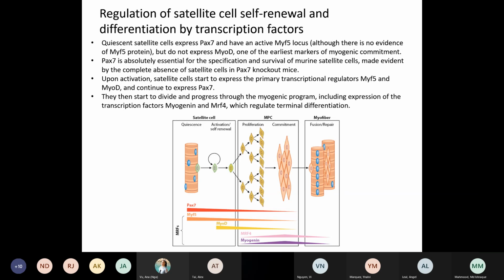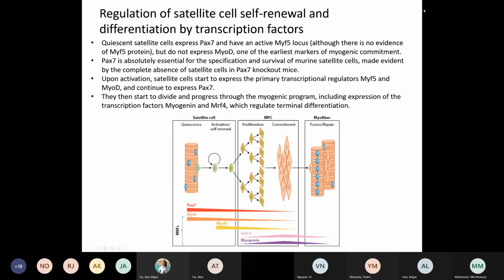There's no evidence that satellite cells express MEF5. The quiescent satellite cells will not express MEF5 protein, but the genetic locus somehow is active. That means if you put a green fluorescent protein into the genetic locus, you're going to see green fluorescent protein. However, the MEF5 protein itself is not manufactured.